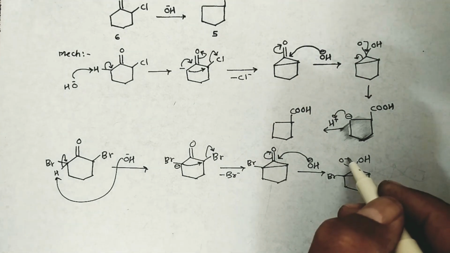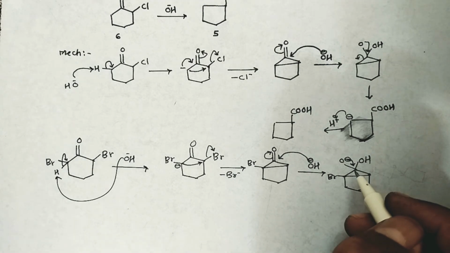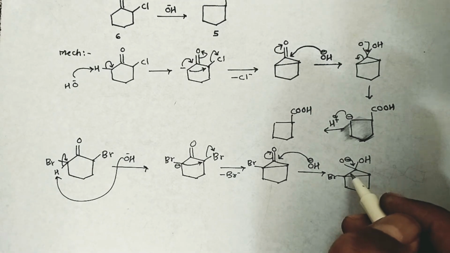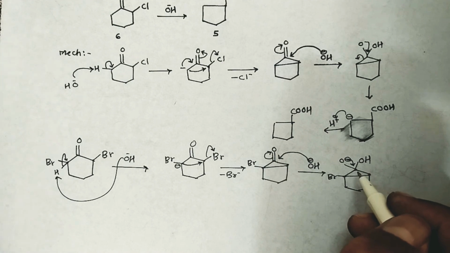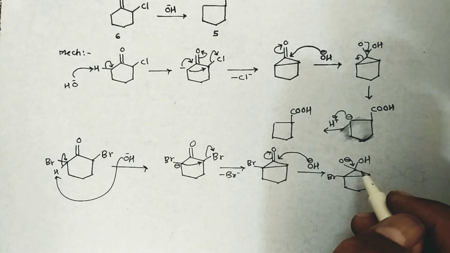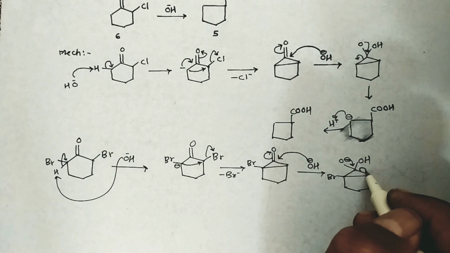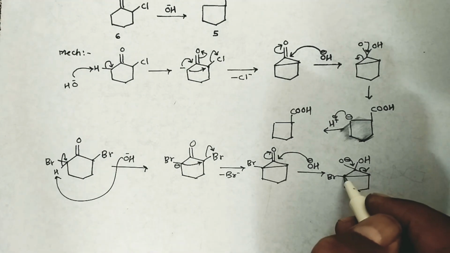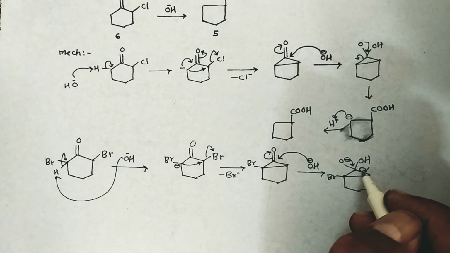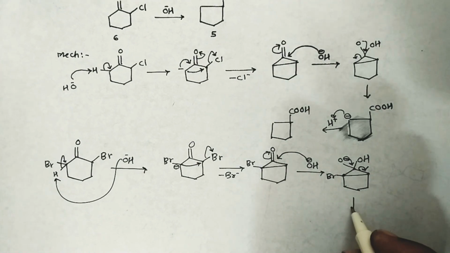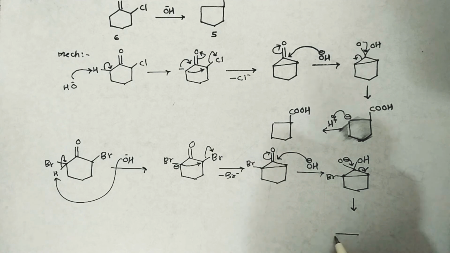This negative charge is restored over this carbon and one of the carbon-carbon bonds breaks. As this carbon is having a bromine atom, so already there is a negative charge, so both atoms cannot hold a negative charge, therefore this bond breaks and you will get such type of structure.